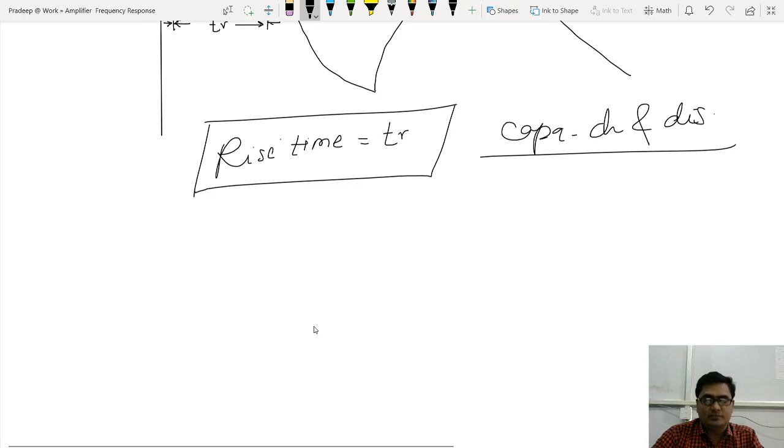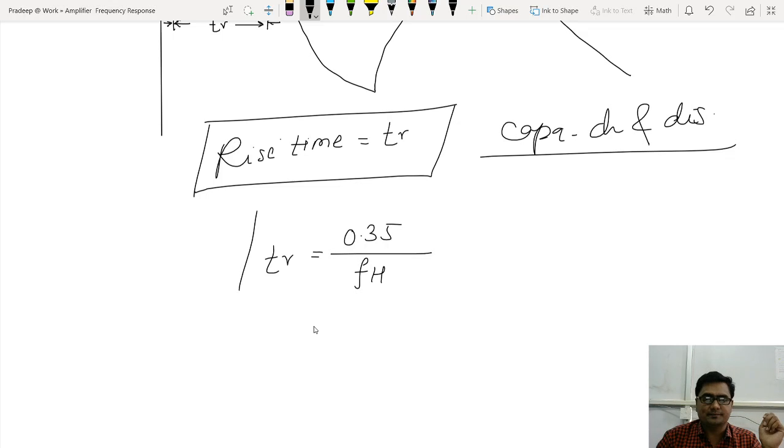Now, if I want to express that rise time in terms of the higher frequency, because I'm getting that kind of waveform at higher frequencies, then we can prove that rise time is 0.35 divided by the higher frequency.